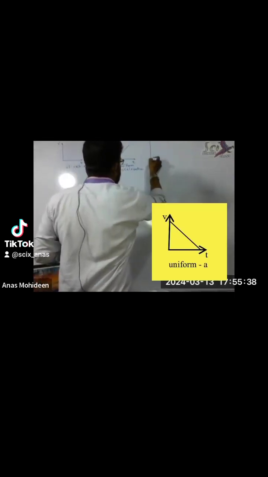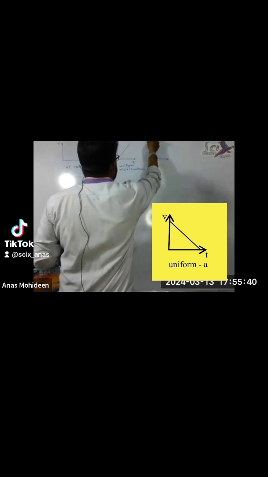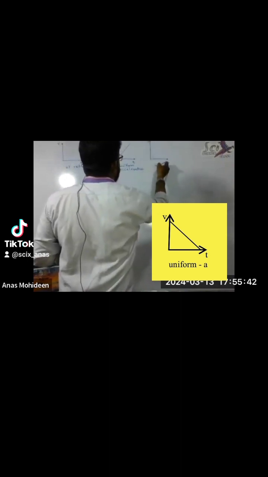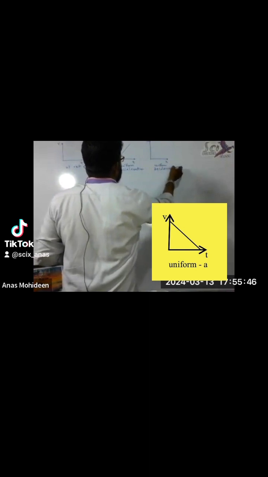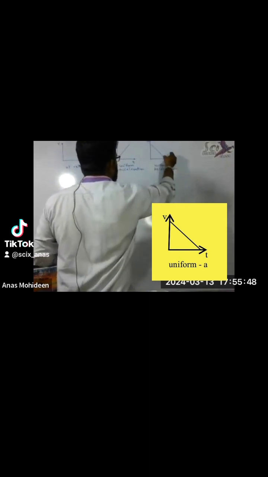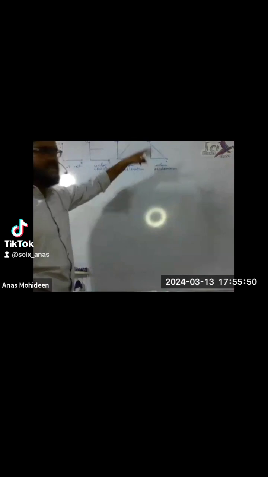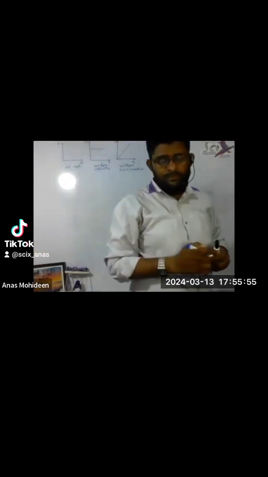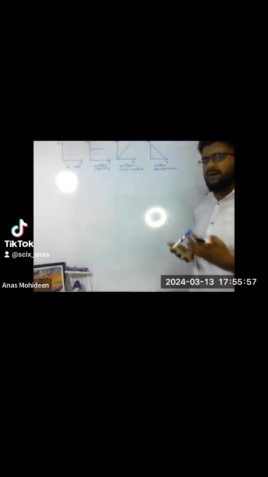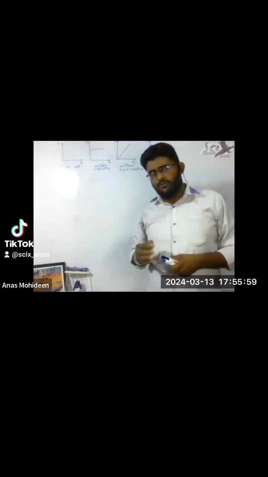And in the same way, when we want to draw uniform deceleration, it is decelerating, so the graph should be a negative gradient. This is a positive gradient and a negative gradient. So these are the four common graphs that we must remember whenever we are about to draw the motion graphs for velocity.